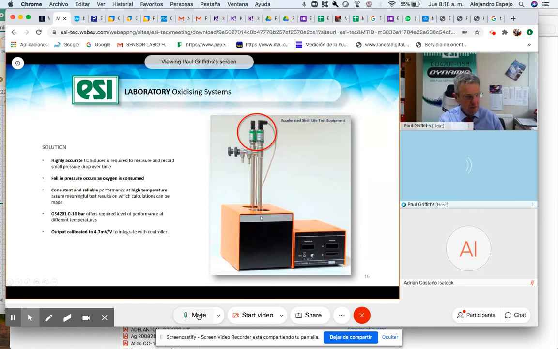Some presentations have extra bits, but if you can imagine, like the small size of a large teacup, a mug of tea, that sort of size, and you can put sample materials in, close it, seal it, and then inject through this spigot here. You can inject the oxygen, and the data is recorded, and it will calculate the shelf life.